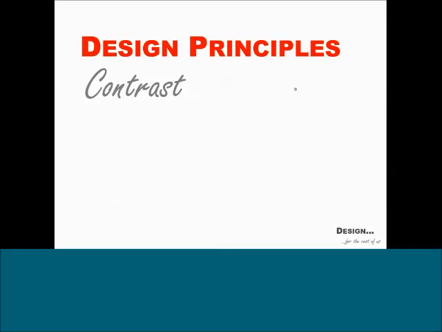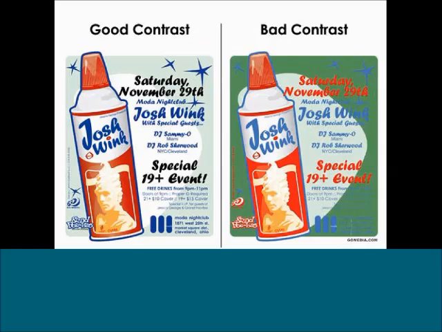So contrast helps us to create focus on what's important. I figured the best way to explain contrast is to show you. I'll show you some different colors, shades, shadows, white space, that kind of stuff. So here's some good contrast versus bad contrast.